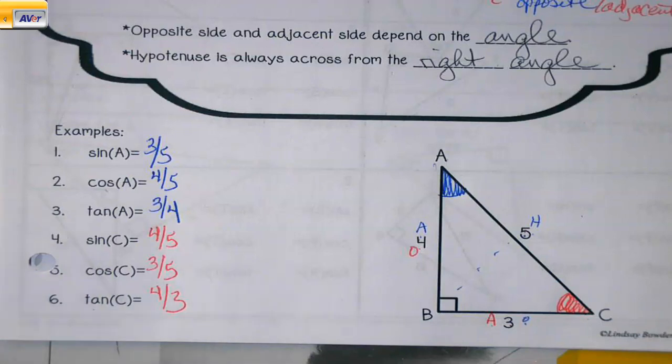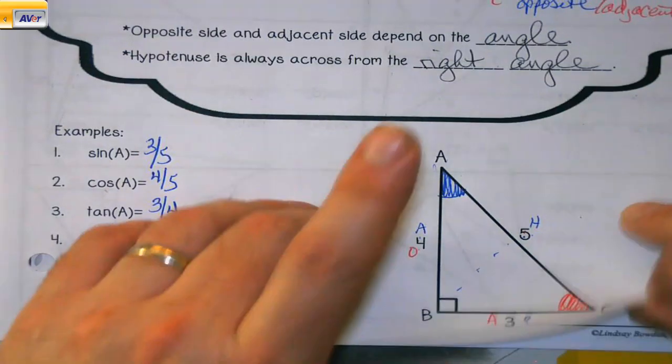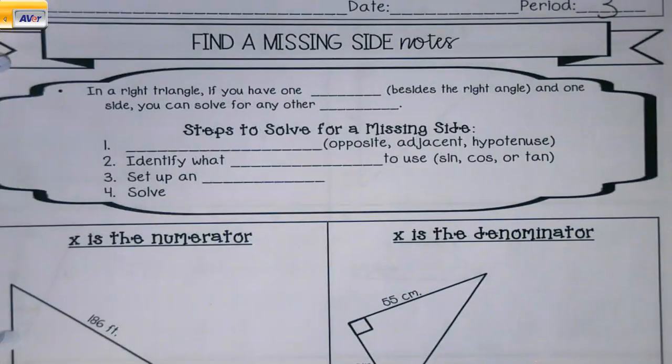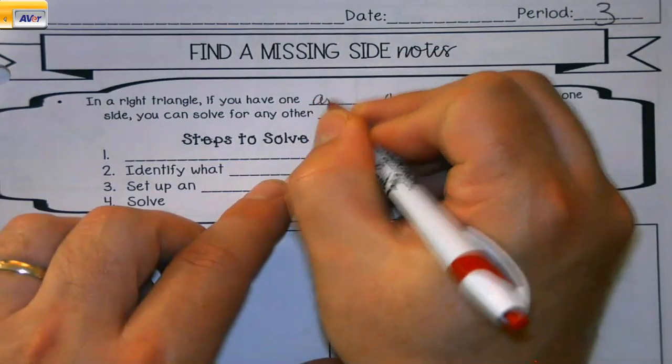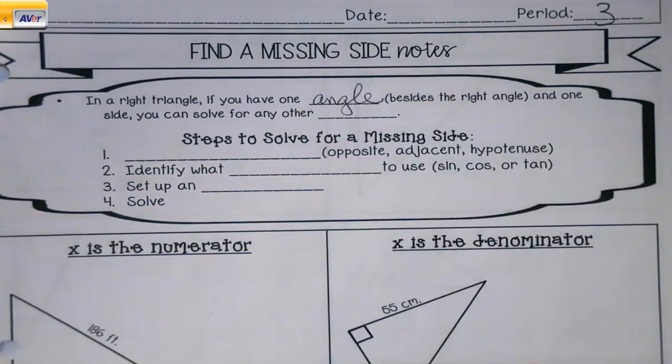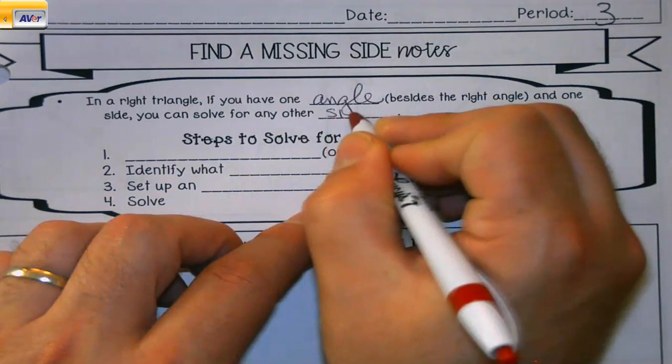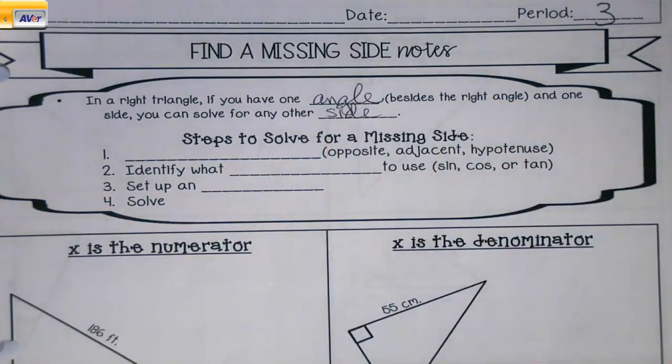So we are going to flip ahead here slightly to page 3 for the second half of our day 1 lesson and chat about how do I find a missing side if I have one. So, still in a right triangle. If I have one angle, just not the right angle, and one side, you can solve for any other side.